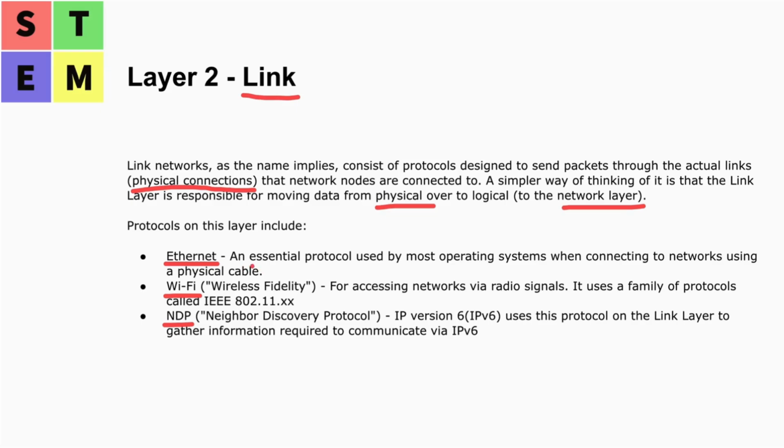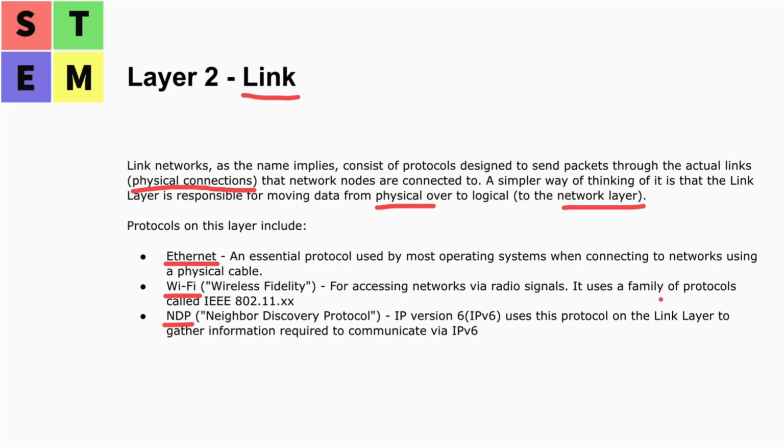Here's the definition of Ethernet: an essential protocol used by most operating systems to connect to a network using a physical cable. We're talking about physical cables. Wi-Fi, you all know, is what your cell phone or your laptop most likely connects to in your workspace or at home, for accessing the network via radio signals.